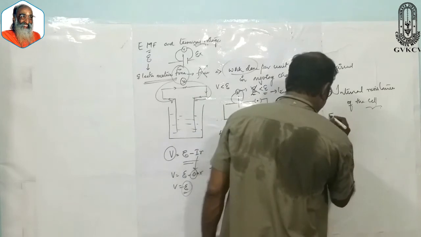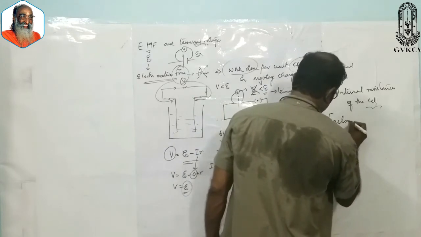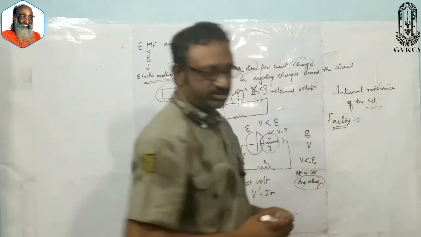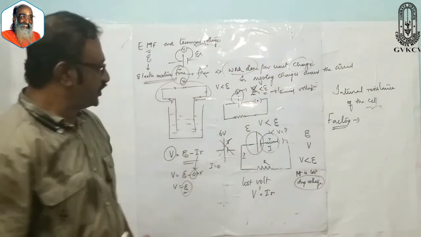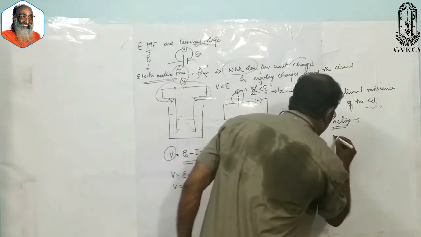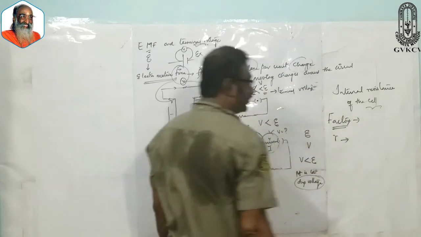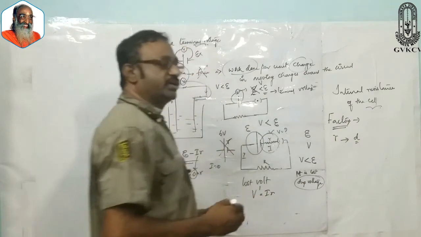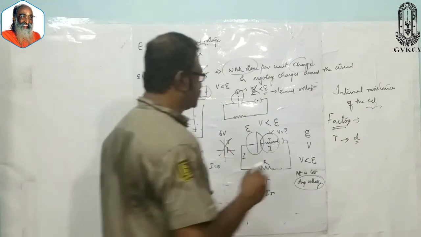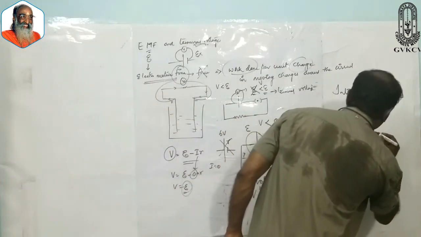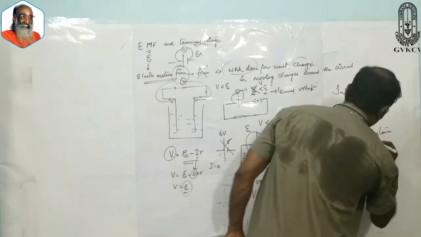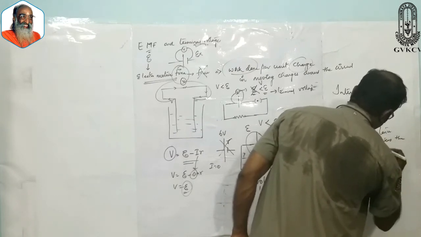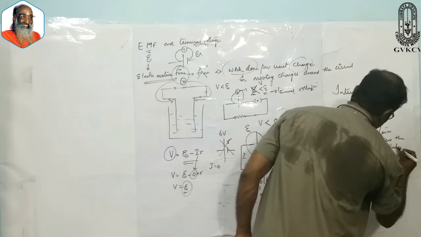So the internal resistance of the cell depends upon the distance between the electrodes. How does the distance influence the internal resistance of the cell?